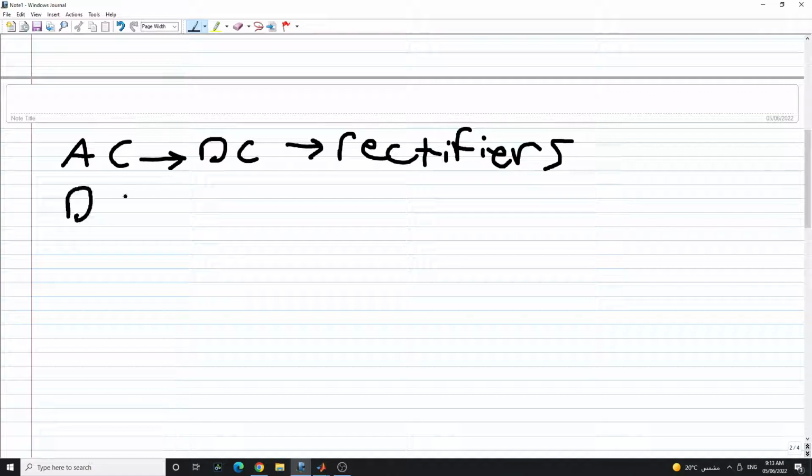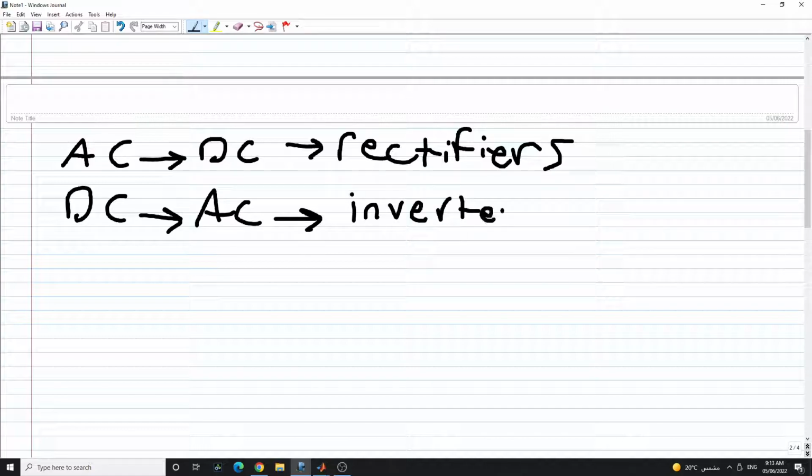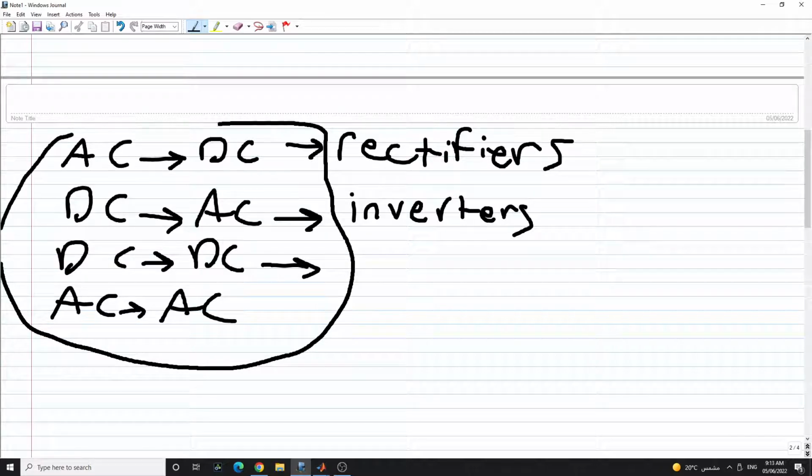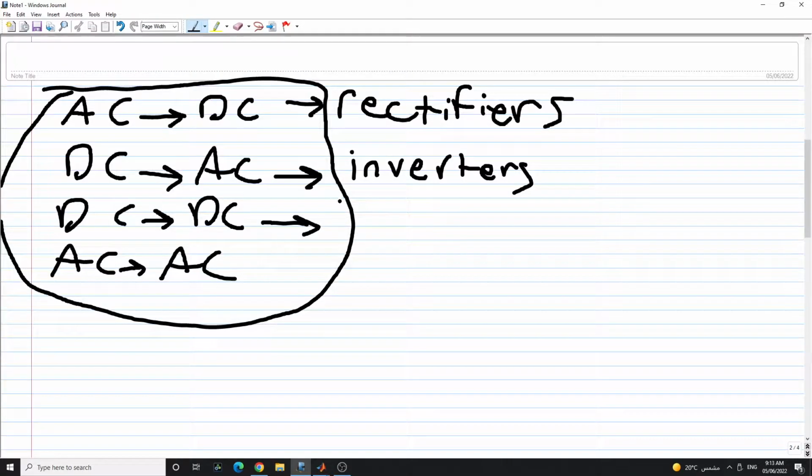We can, for example, change from DC to AC, and we call these inverters. Then we have DC to DC, which we usually just call DC to DC converters. There are other terminologies for them, and also AC to AC. Now, I'm not going to go into any more details, but these are just some basic ideas on what we can do in power electronics.